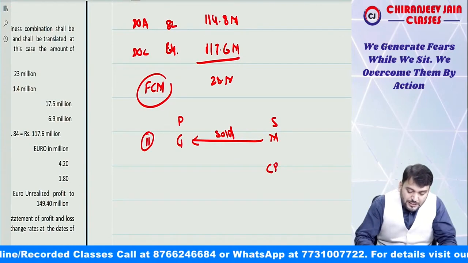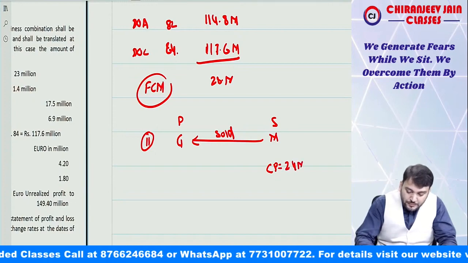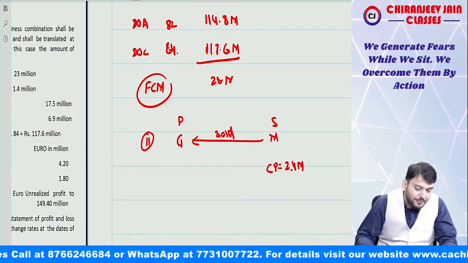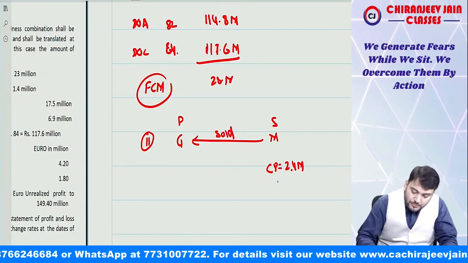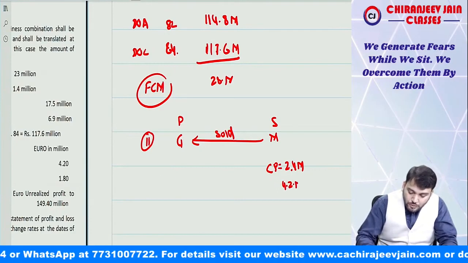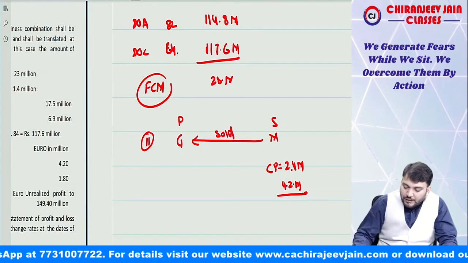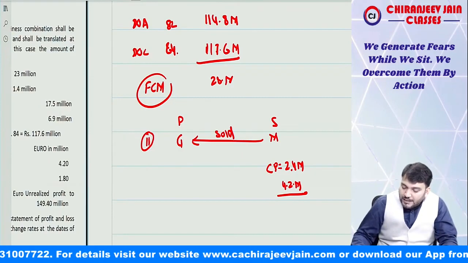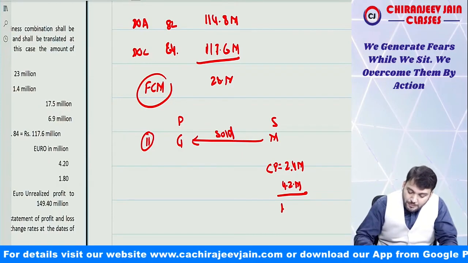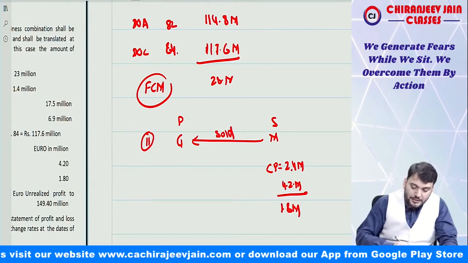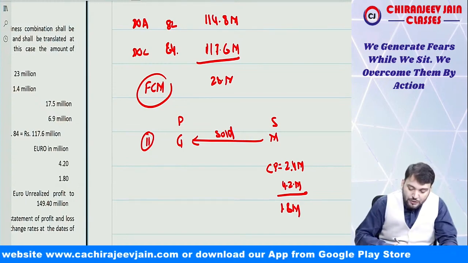The cost price was 2.4 million and it was sold at 4.2 million. The profit earned is 4.2 minus 2.4, that is 1.8 million. Have you understood this point?